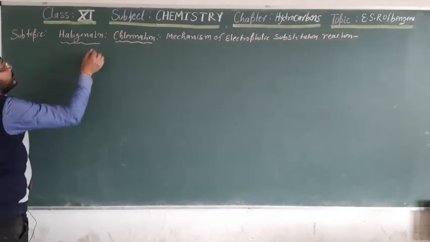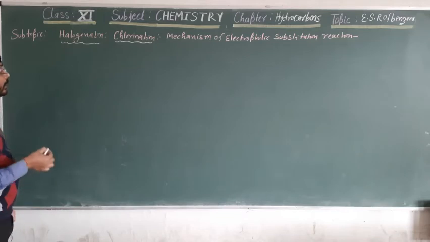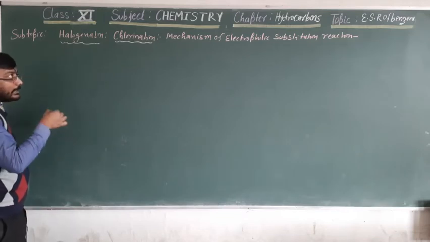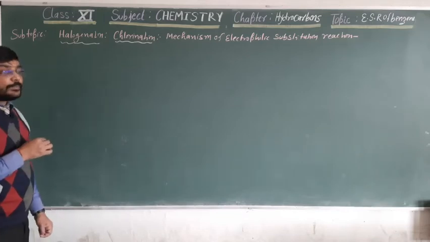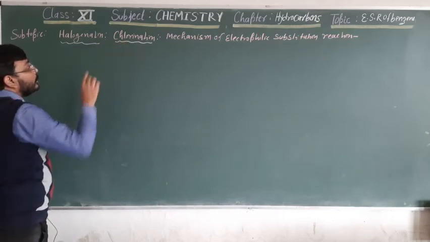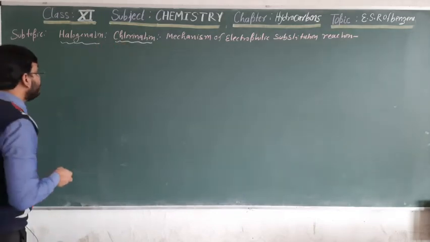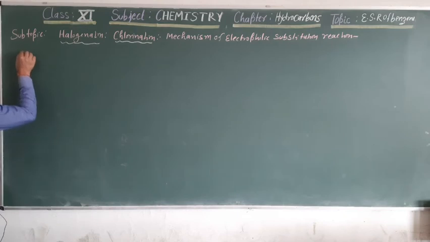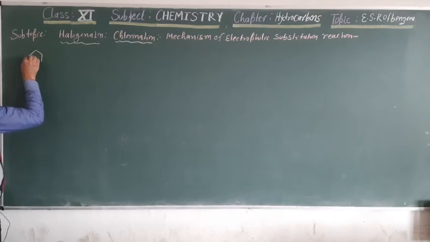As we know, halogenation means substitution of a halogen, that may be chlorine, bromine or iodine. For example, the halogenation process takes place at the benzene ring.